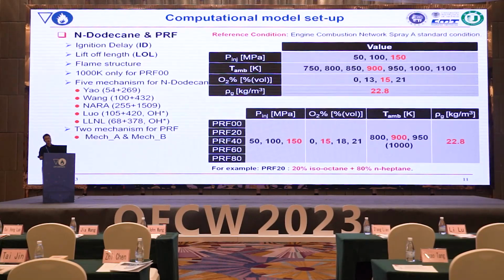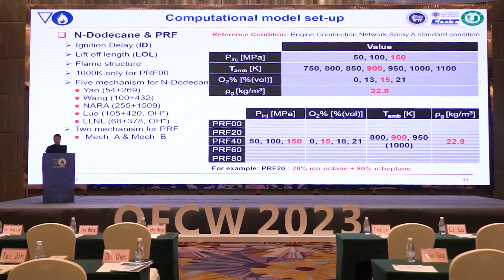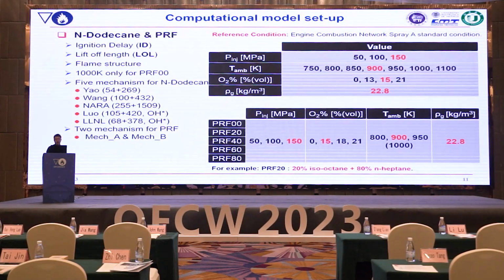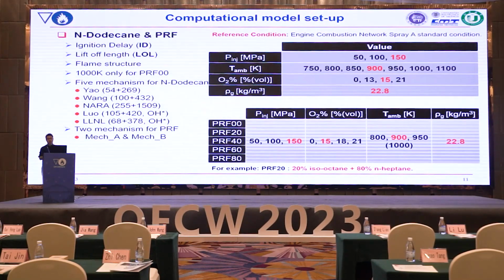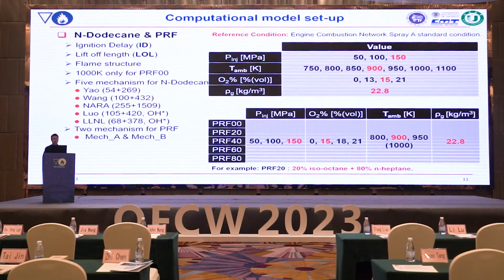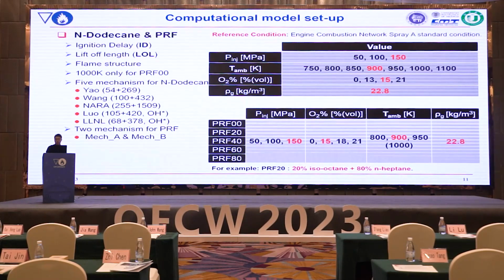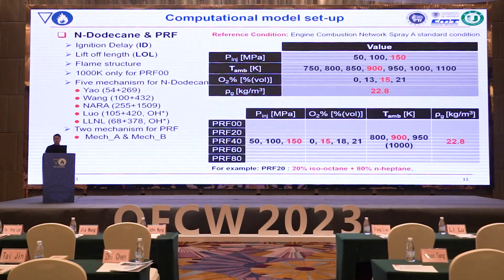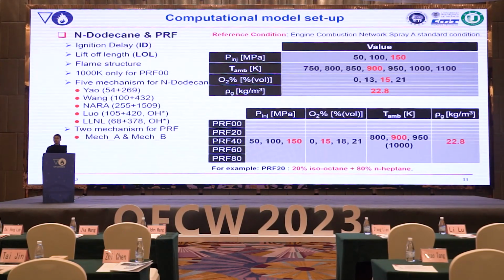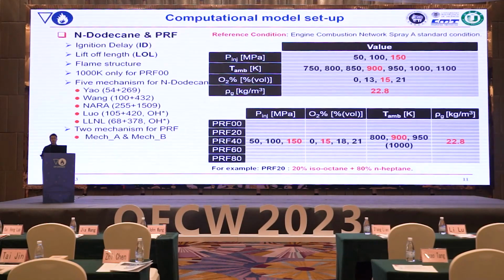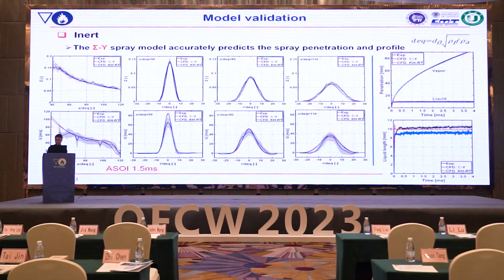For the PIF, we use 2 different mechanisms, mechanism A and mechanism B, because we used mechanism A and did not get very good results, and then we optimized it into mechanism B. The reference condition we use is the Spray A condition.